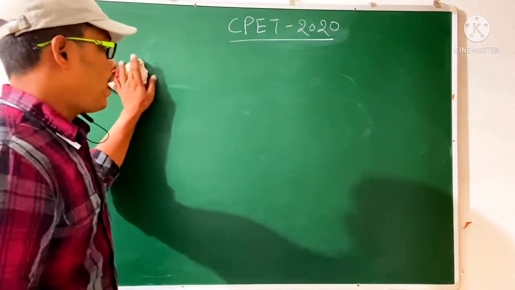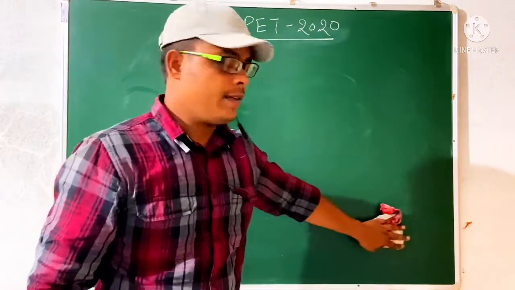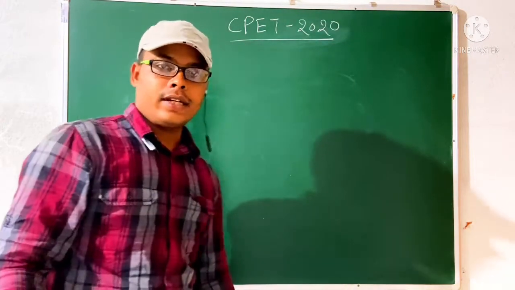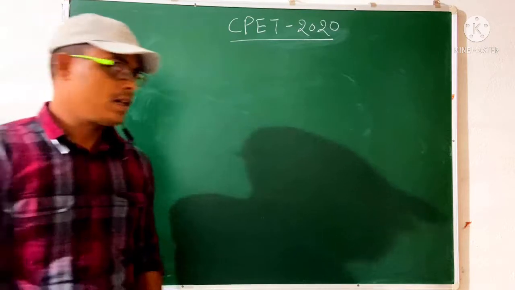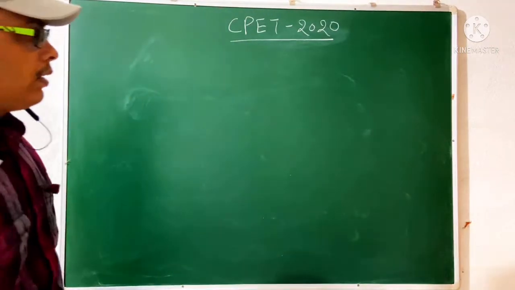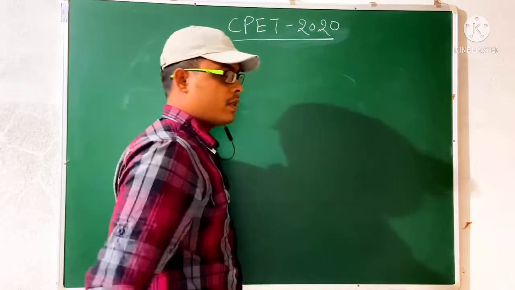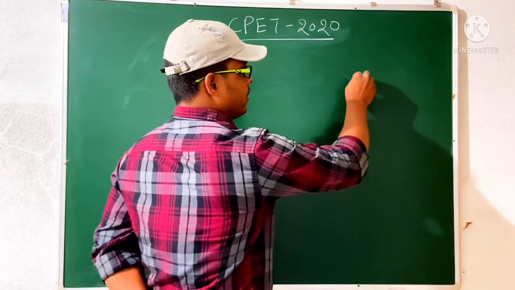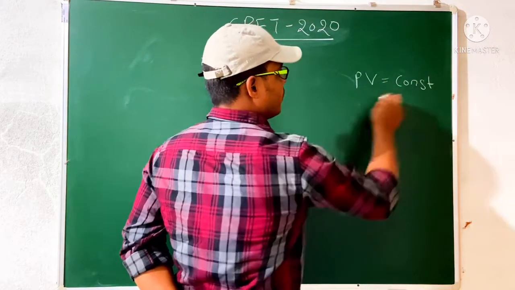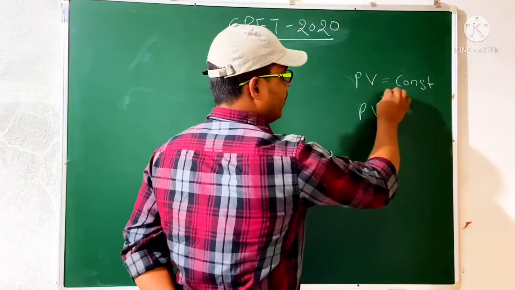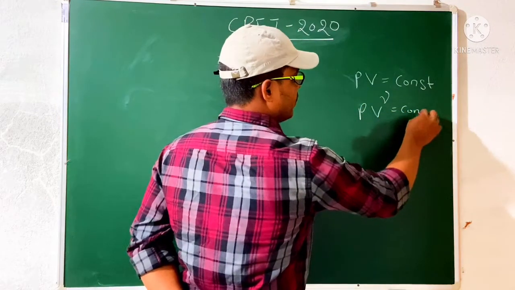And your isothermal, that is temperature constant, and adiabatic, heat constant, then isobaric, pressure constant, then isochoric, volume constant. Okay, so you have to remember the equation of isothermal process, that is PV equal to constant, right? But in adiabatic process it is PV to the power gamma equal to constant.